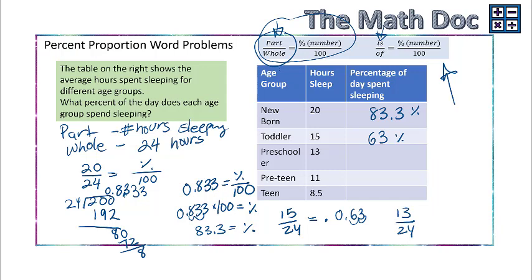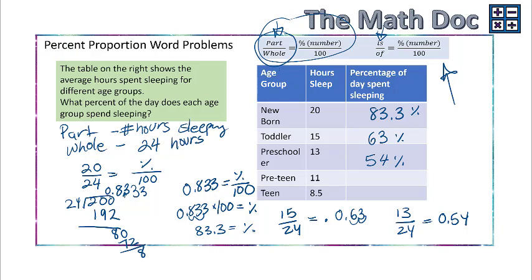That's the part to whole, and that is just equal to 0.54, and I'm rounding it up here, 0.54. Again, to get the actual percentage, we will be equating it with the percentage divided by 100, so we have to multiply by 100, and we get 54%.